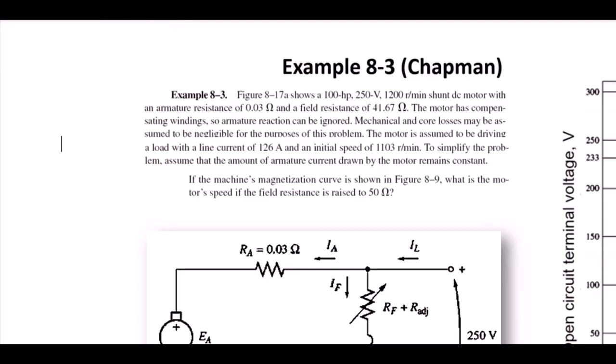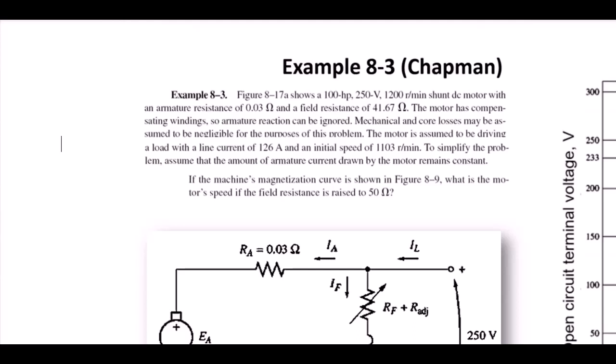The motor is assumed to be driving a load with a line current of 126 amps and an initial speed of 1103 rpm. To simplify the problem, assume that the amount of armature current drawn by the motor remains constant. And the question is, if the machine's magnetization curve is as shown in figure 8.9, what is the motor speed if the field resistance is raised to 50 ohms?